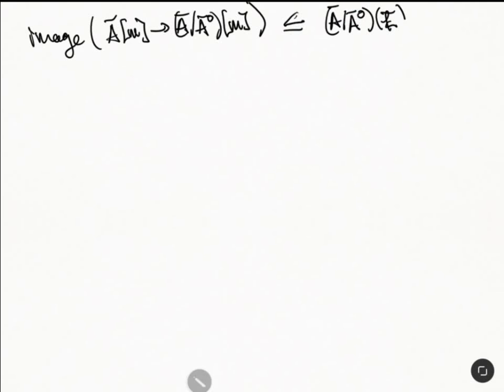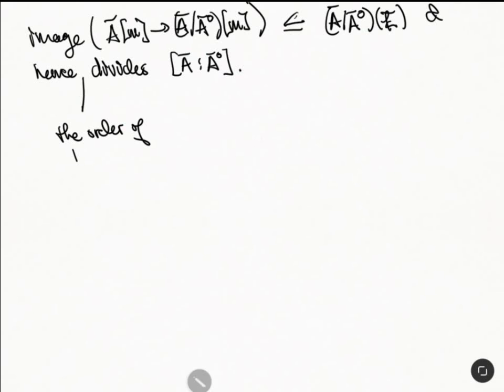Okay, so this is this here. And so this thing, and hence divides, a bar, so the index here. This is the k-bar points of that thing, which is how we can count that. And hence the order of this divides this number here, because you have a subgroup.